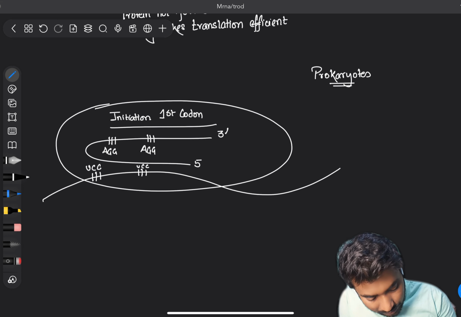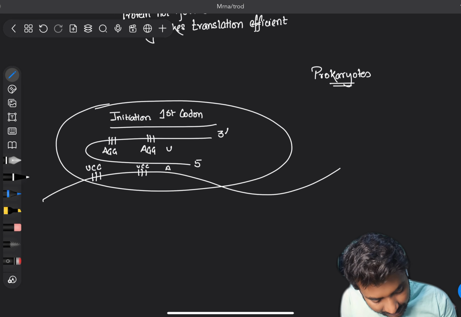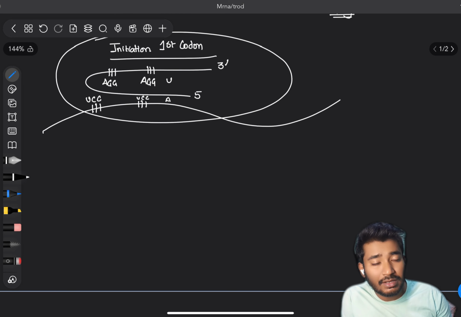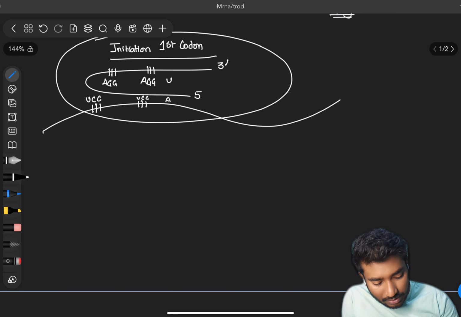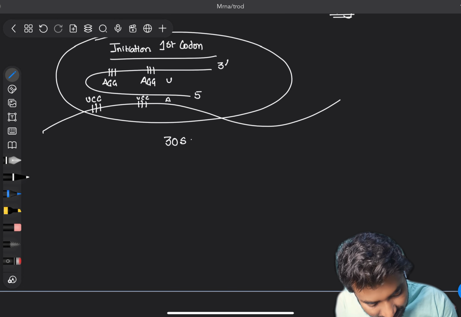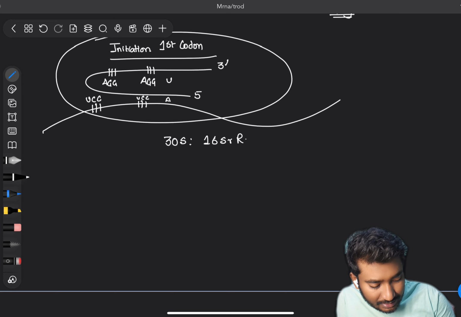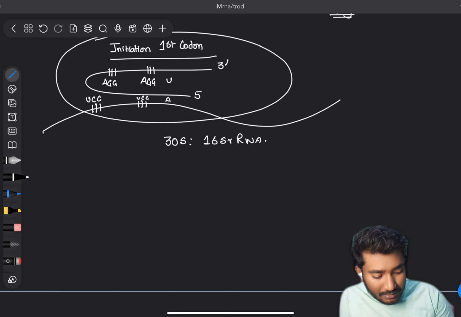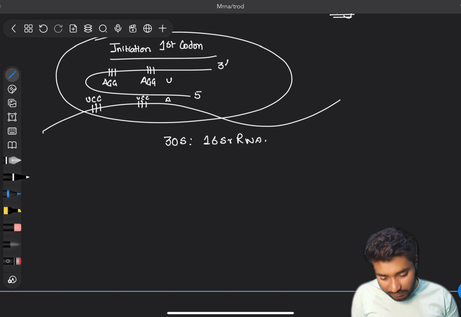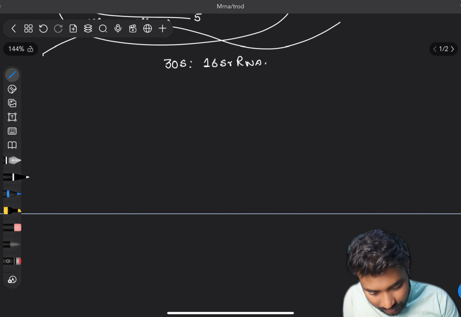Now what happens? It is a 30S subunit because it is of prokaryote. It is 30S to 50S, that is, it contains 16S RNA. Now the function of the mRNA is clear as of now.